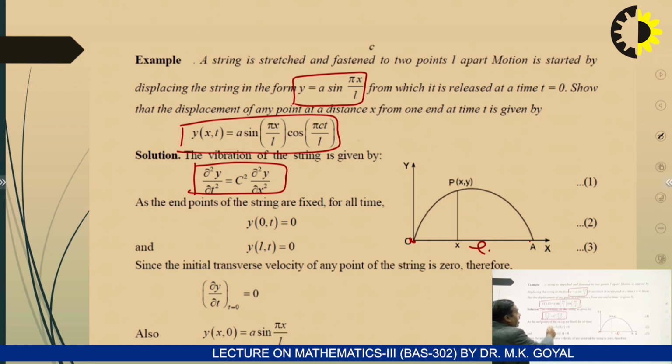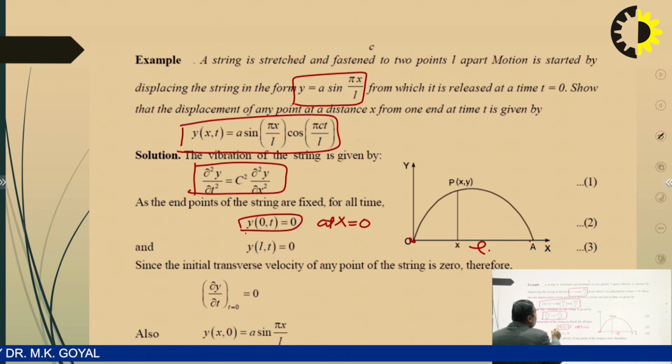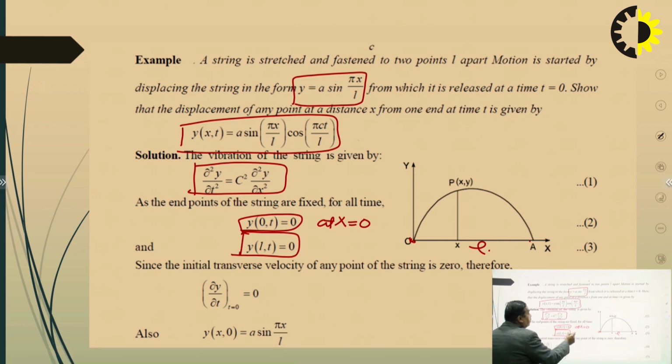The string is stretched between O and A, that is at x is equal to 0, the initial condition y(0,t) is equal to 0, and y(L,t), that is at point x is equal to L, it is also fixed, y(L,t) is equal to 0.